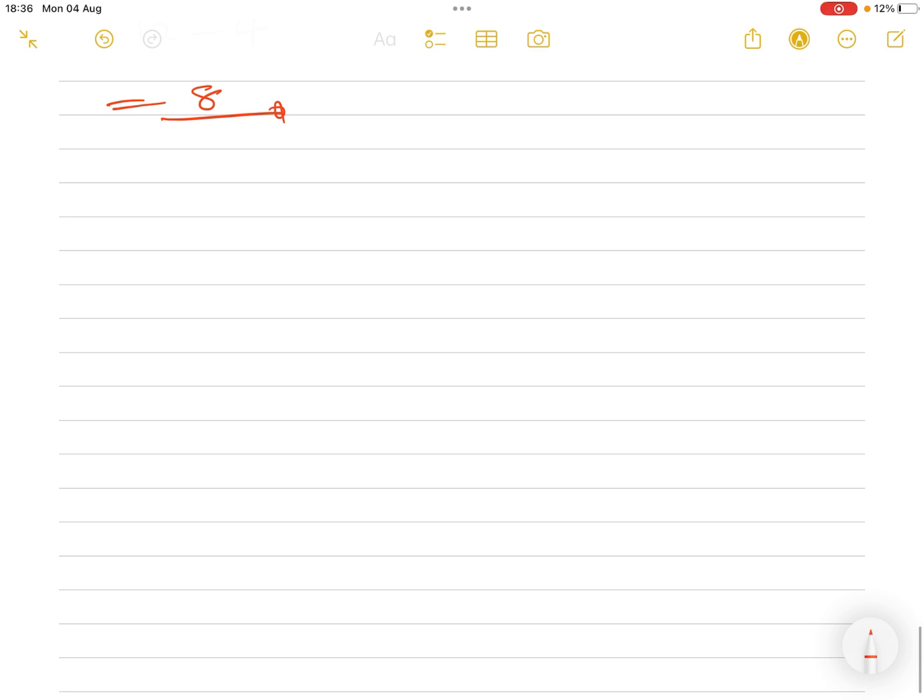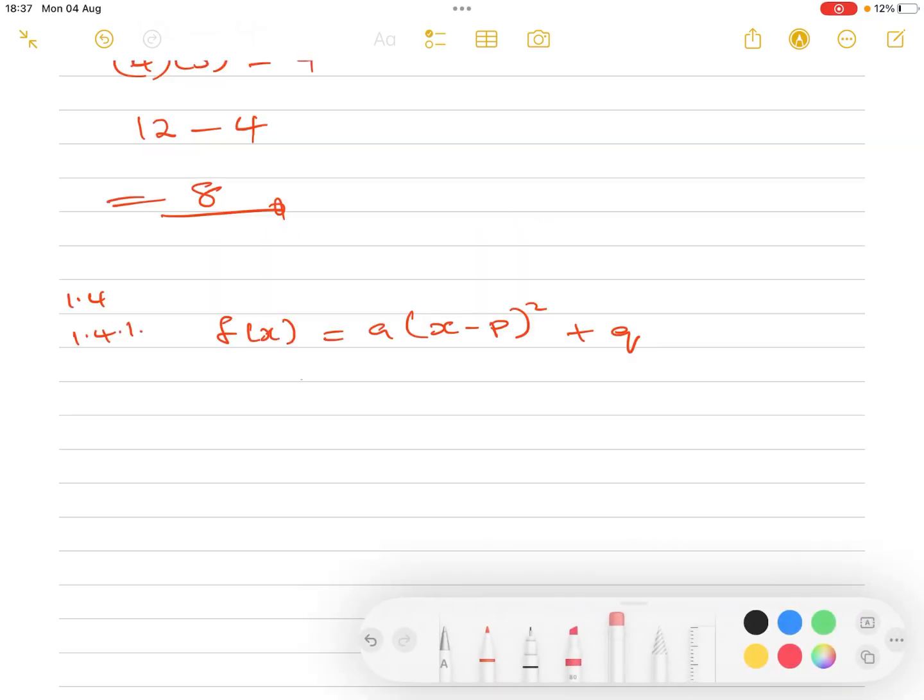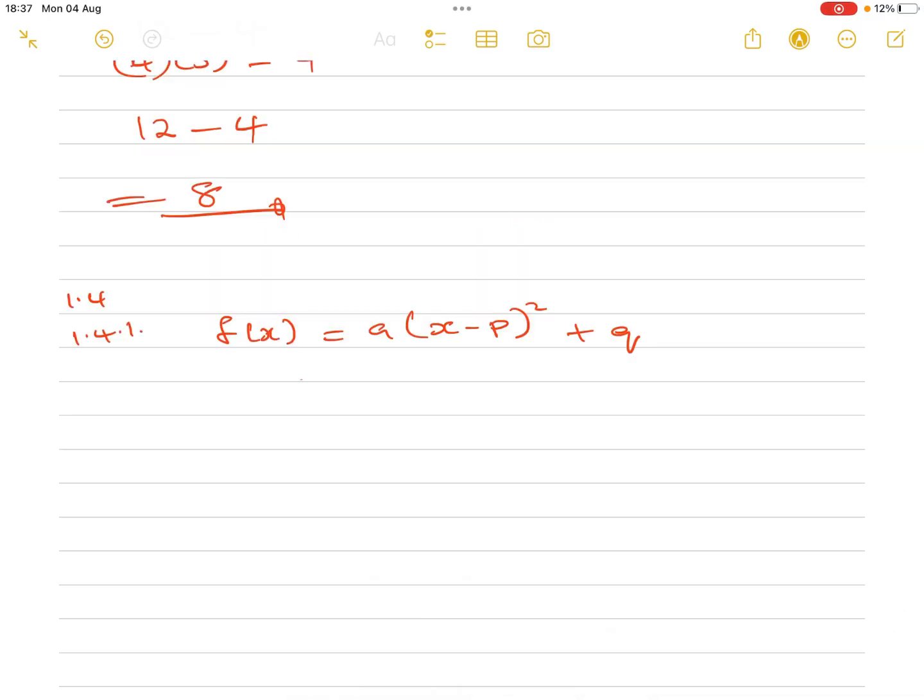Look here, 1.4.1. The equation is written in a quadratic form, and it is in turning point form. We know that if we have f of x equal to a into x minus p squared plus q, the equation is written in turning point form, where your turning point is p, q.